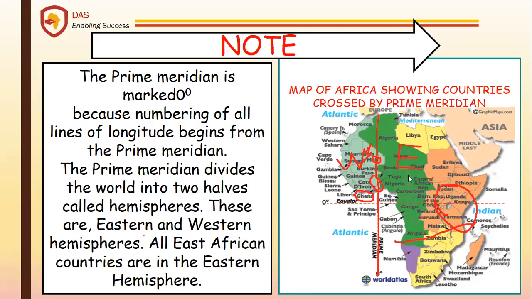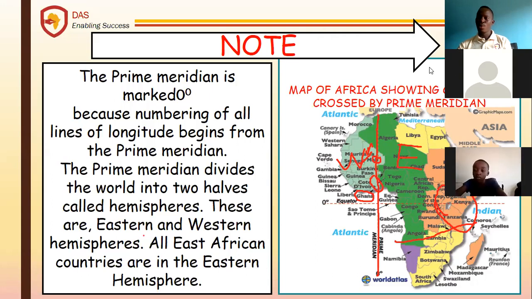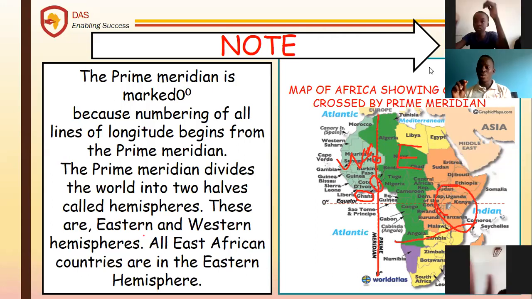Therefore, my dear children, this means we have 4 hemispheres, not so? Aguti, thank you, my dear. We have 4 hemispheres, clear? 2 are created by the prime meridian, while 2 are created by the equator. The ones created by the equator are the northern and southern hemispheres.